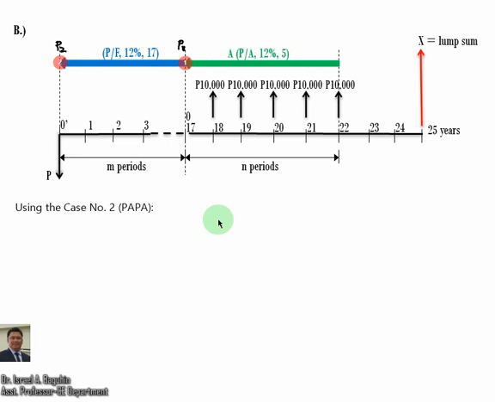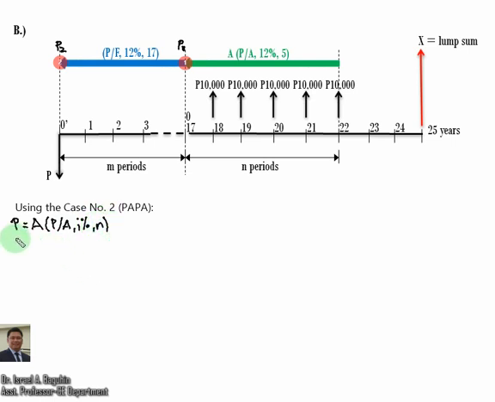So we have now this formula for case number 2 in which our P is just equal now to A times this P given A, I% and N periods. Okay.